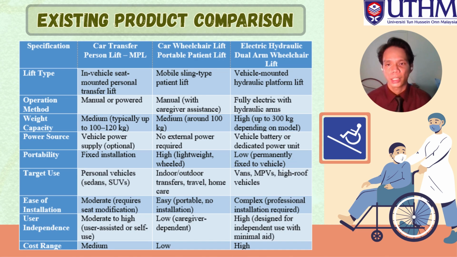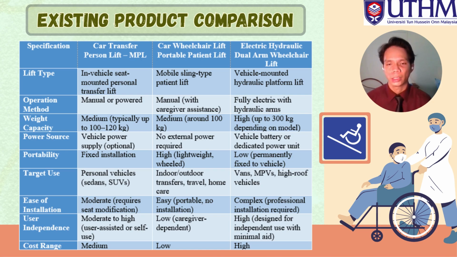What is the ease of installation for each design? The first one is moderate. For the second design, the wheelchair is easy, and the last design is complex. The first design has moderate to high user independence. The second design has low user independence.